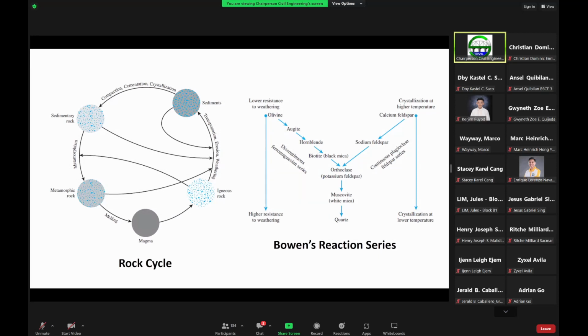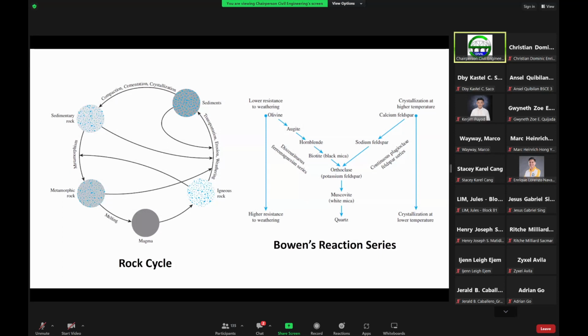Then the magma, based on certain behaviors, will become an igneous rock. From an igneous rock, we have some transportation of the materials, some erosion, and some weathering processes happening in such a way that these igneous rocks will become sediments. They will be disintegrated into sediments.